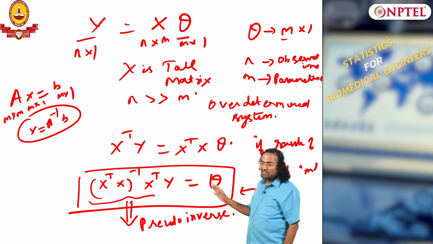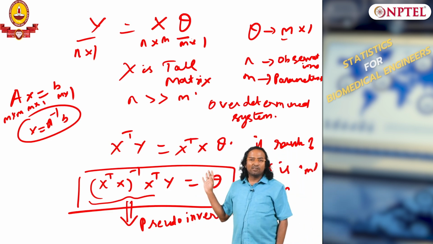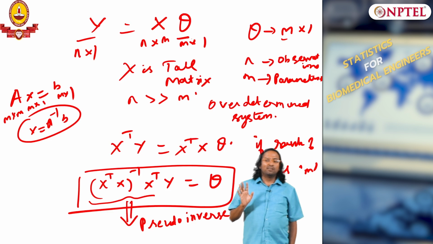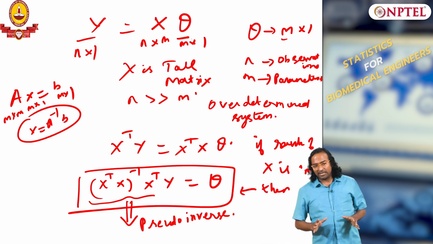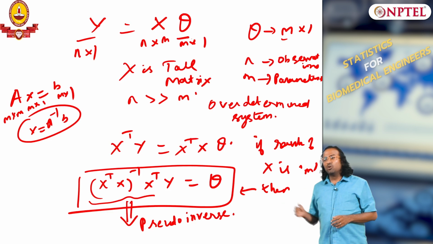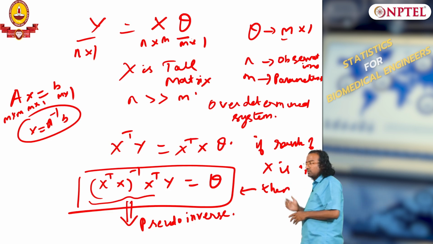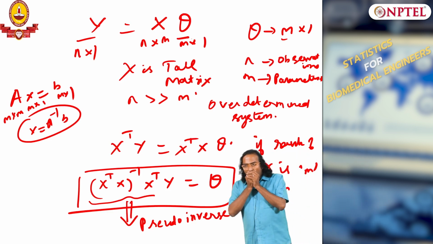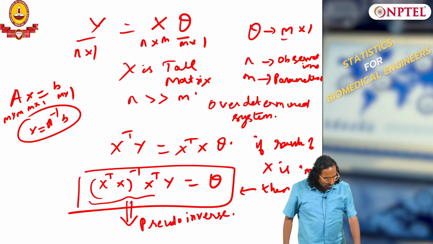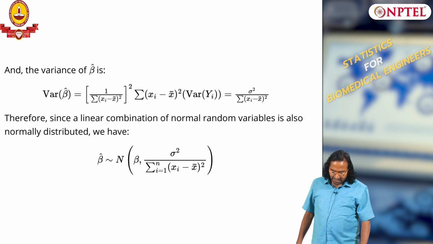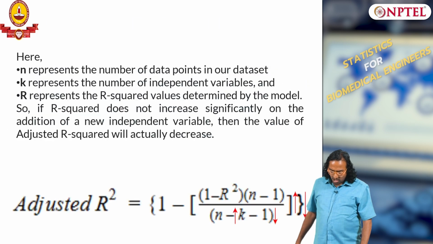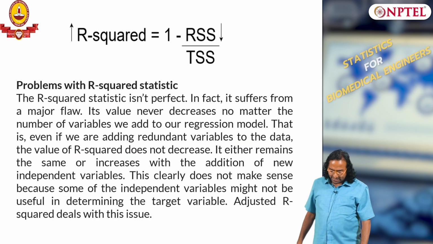So this is what we have done so far. We can do multiple linear regression the moment you put X as a regression matrix. So the pseudo inverse gives you the solution to this problem. Now the last part I want to cover in multiple linear regression is the R square statistic.